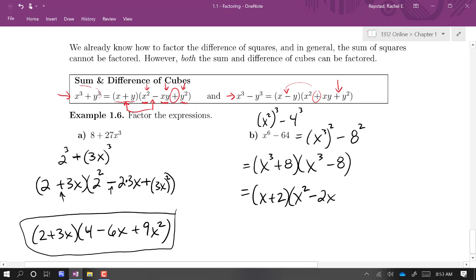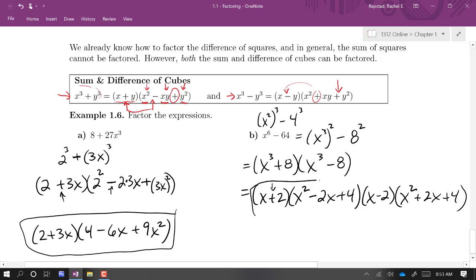That sign always differs from this sign here. And then always a plus, 2 times 2 is 4. The difference of cubes will be x minus 2 times, and then again, the big factor, x times x is x squared plus 2x plus 4.